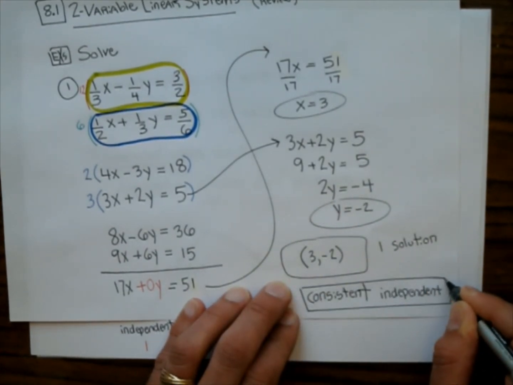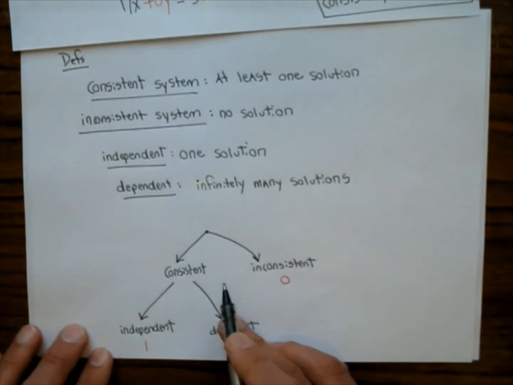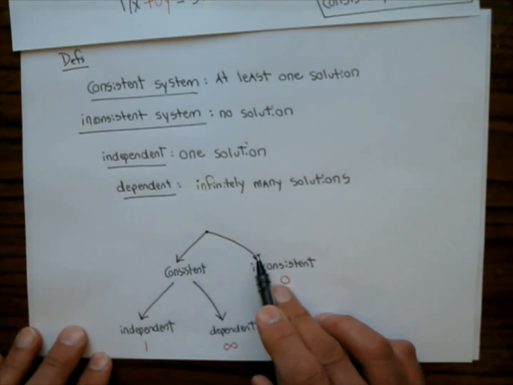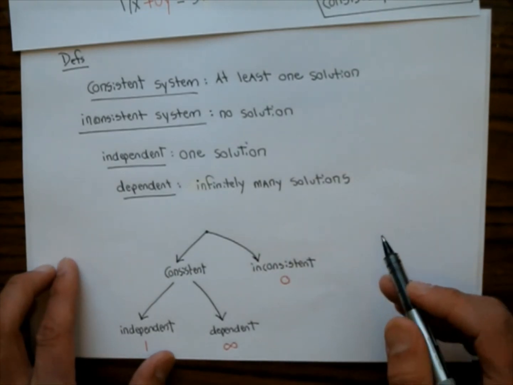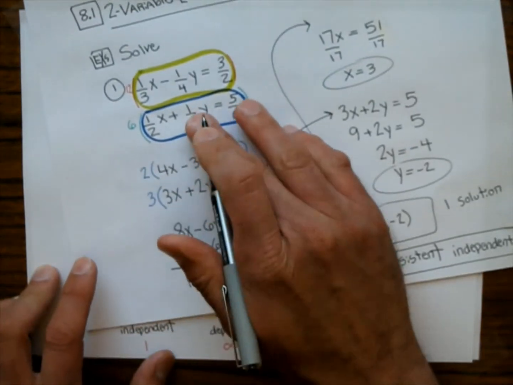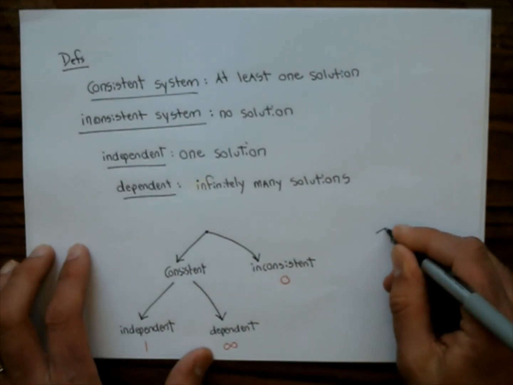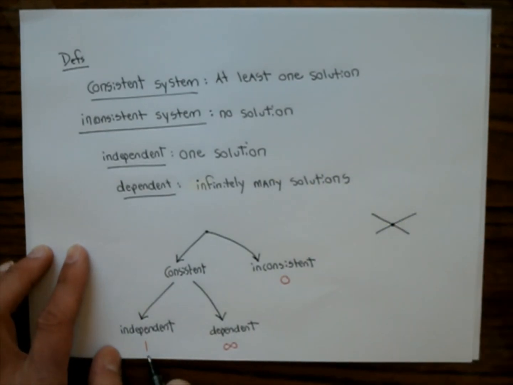And so with these problems, there's one of three roads that you would go down. You would be consistent independent, consistent dependent, or inconsistent. What does that really mean? It means when you have a pair of lines, like you do here, that when you try to find their solutions, they'll intersect and give you one solution, which is that right there.